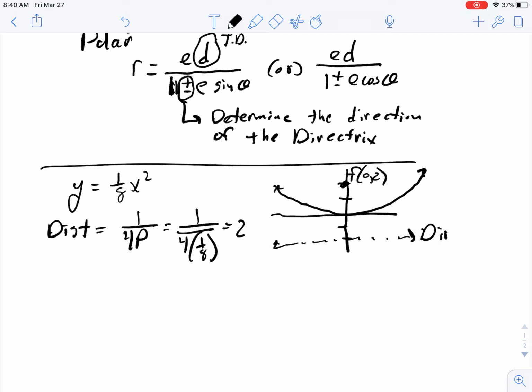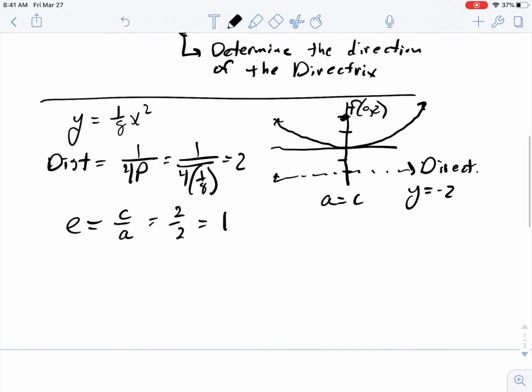My eccentricity, my Eka. Now remember, on a parabola, A equals C. They are both the same. So therefore, it's both 2/2, which is 1, and the eccentricity should always be 1 for a parabola. Otherwise, you're doing something wrong. But let's take the next part, the directrix.